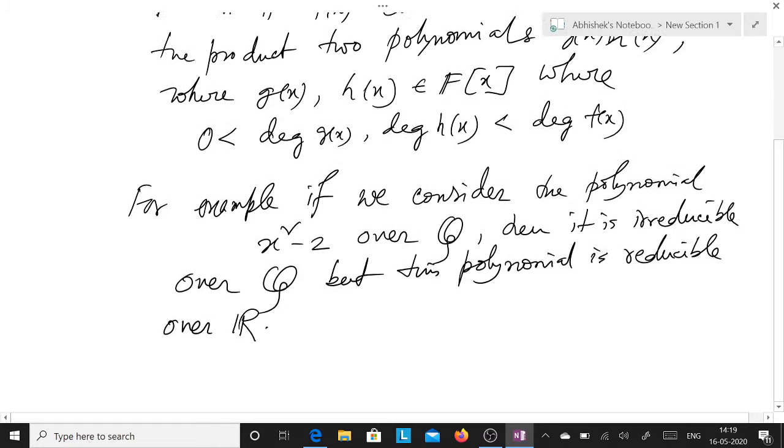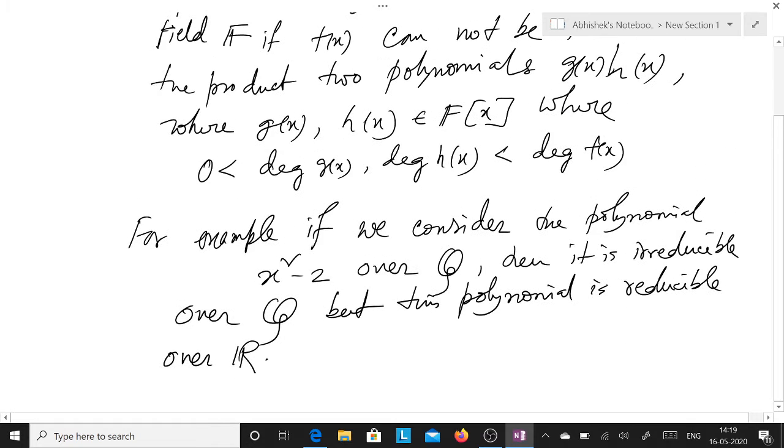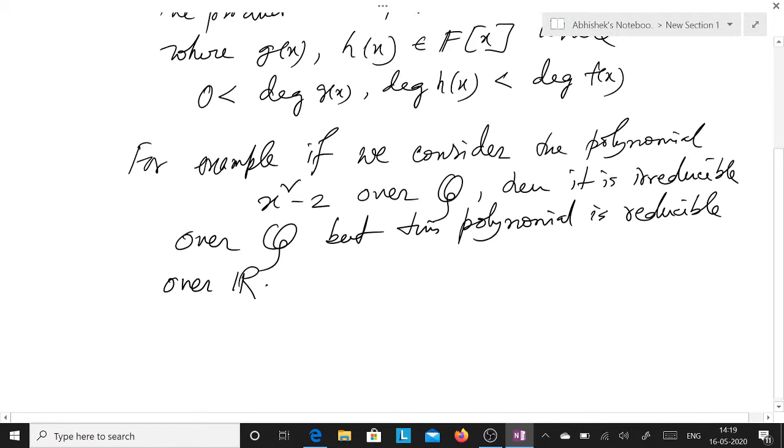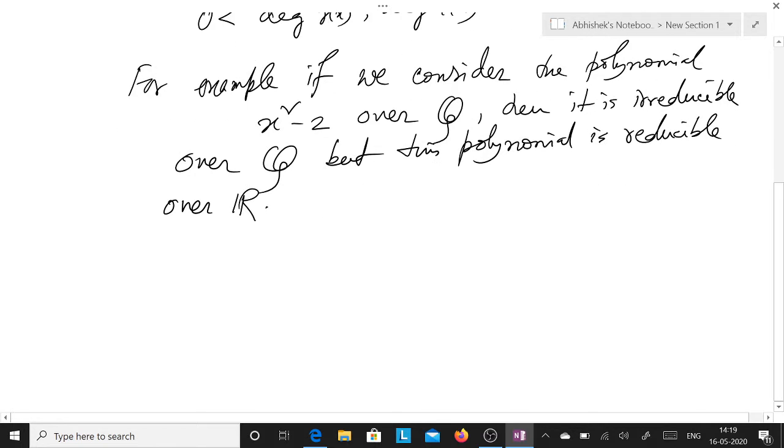So that means the irreducibility depends on what field we are considering. So this should be remembered each time. Whenever you are considering a polynomial over a field F, you should remember the field.